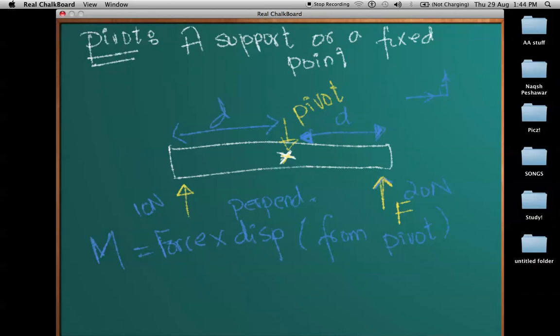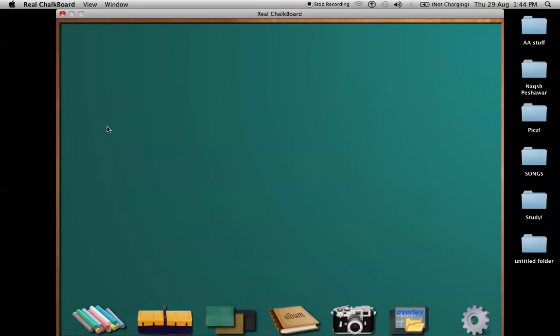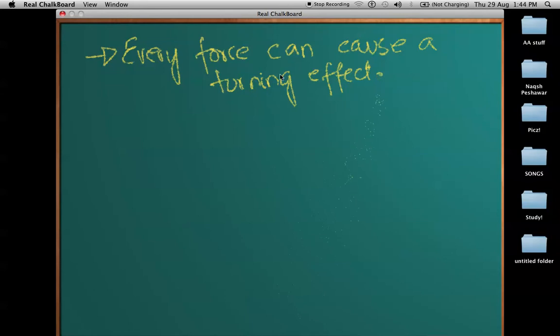So for now, there are three things that you should remember. First of all, every force can cause a turning effect. All you need to change is the pivot, and every force can cause a turning effect.